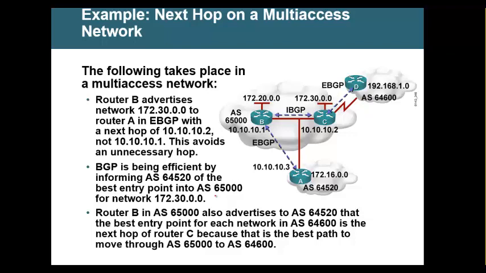A is configured to form a neighbor with B. To avoid unnecessary hops, C will advertise 10.10.10.2 as the next hop, and B will advertise C's address 10.10.10.2 as the next hop to router A.